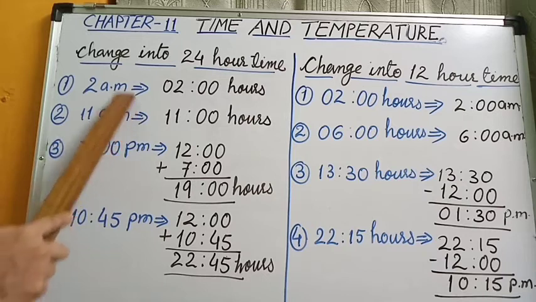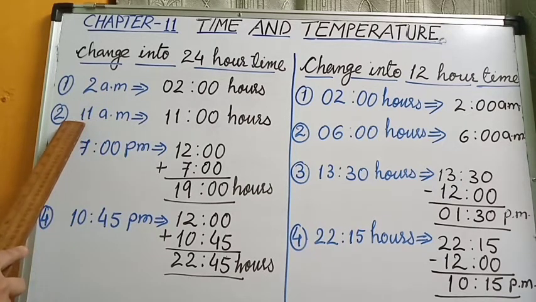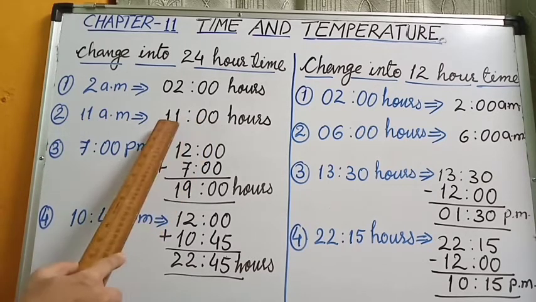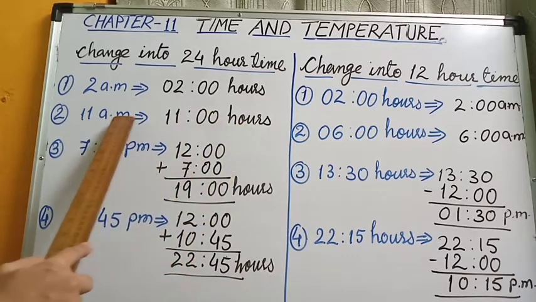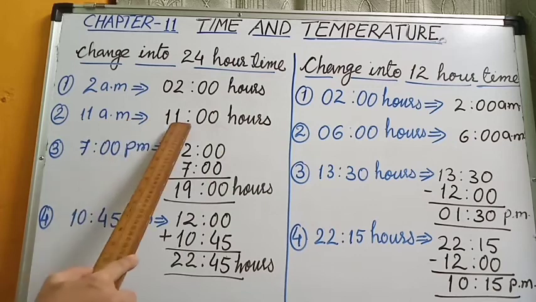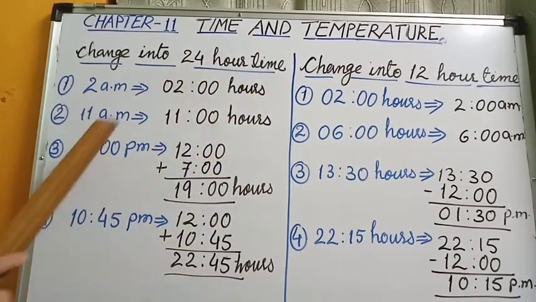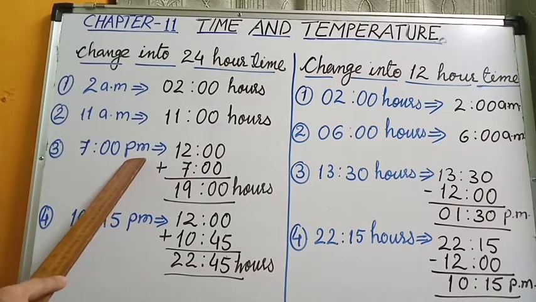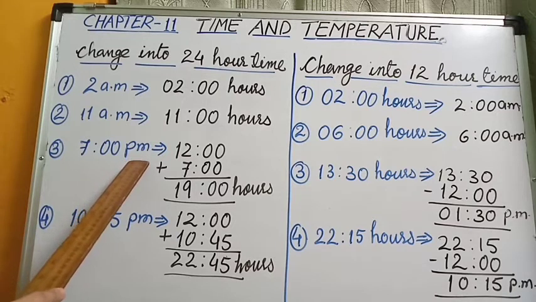11 AM, again the time is in AM. So we don't have to change 11, we write 1100, that means 11 hours. We remove AM and add hours. So 11 AM is 1100 hours. Now the time is 7 PM. When the time is given in PM, that means it has crossed 12 noon.